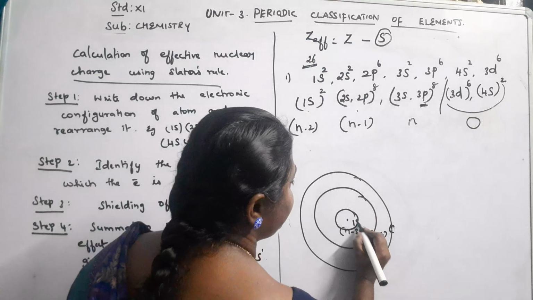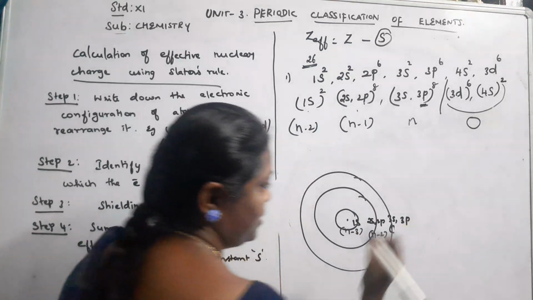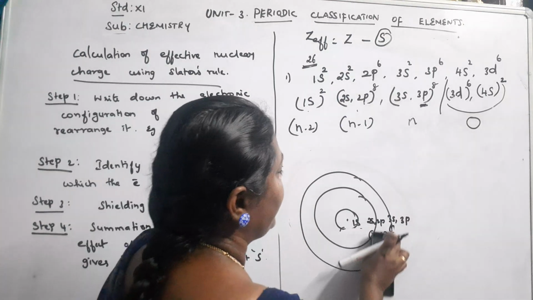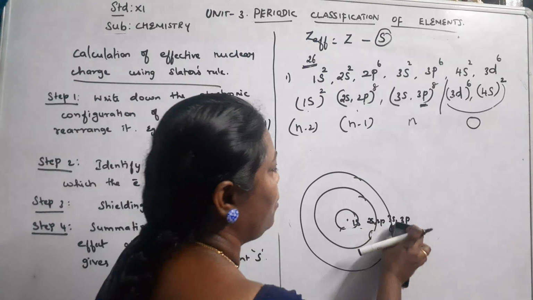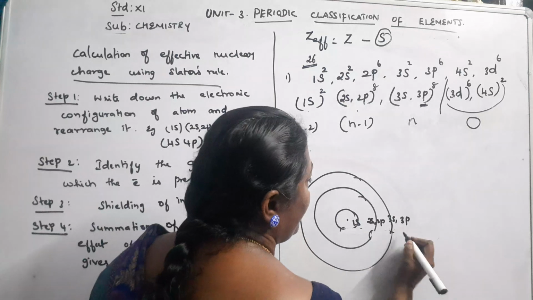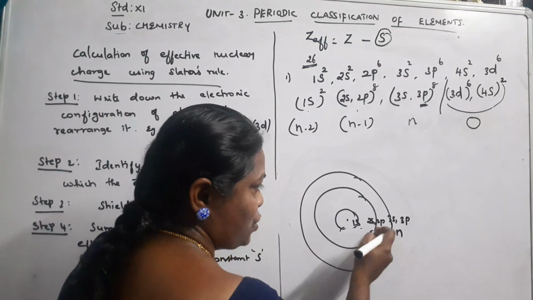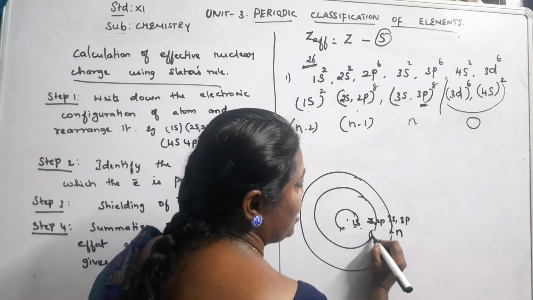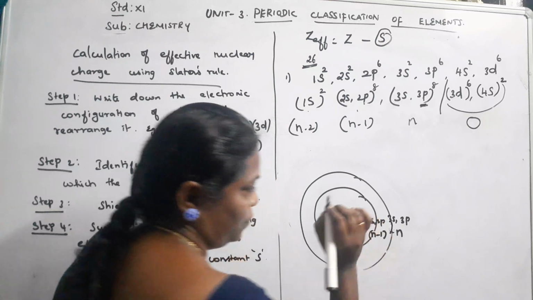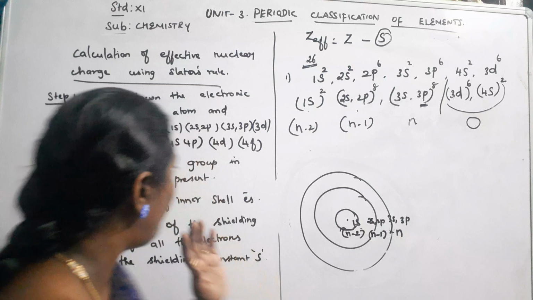That means 1s, 2s 2p, and here 3s 3p, isn't it? 1s is the first shell, the second shell consists of 2s 2p orbitals, and the third shell contains 3s and 3p orbitals. Therefore this shell is considered as n. The shell previous to the nth shell, which we call the penultimate shell, is considered n minus 1, and this shell is considered n minus 2. So this is the second point.